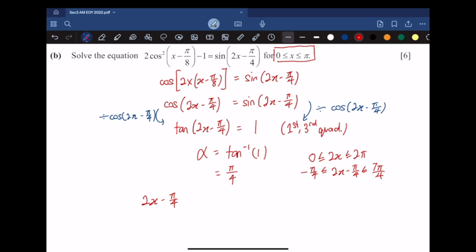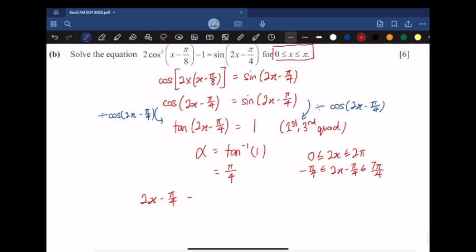I have identified that the terms are in the first and third quadrants. Since it is in the first and third quadrants, you can now solve for the angles. In the first quadrant, your angle is simply pi over 4.